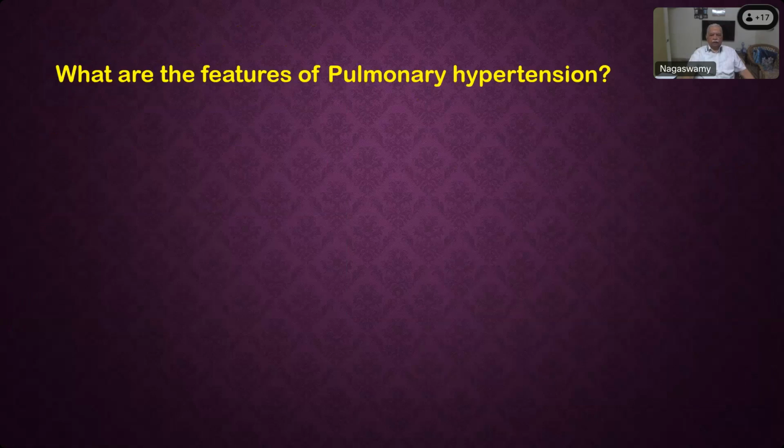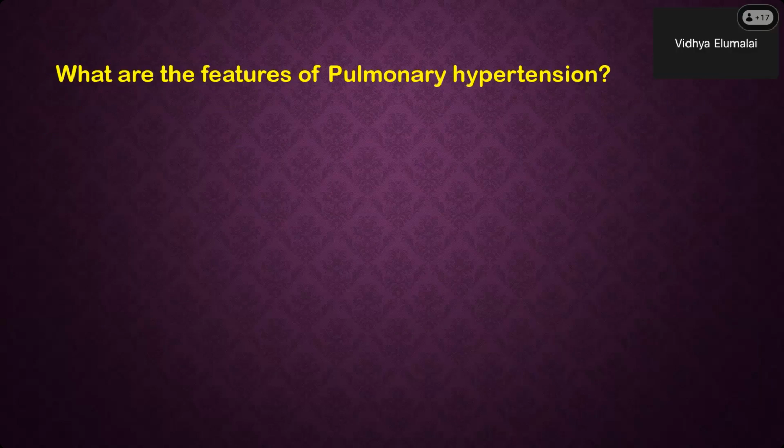What are the features of pulmonary hypertension? Clinically, can you find out from the patient's history whether a COPD patient has already developed features of pulmonary hypertension or not? The patient will have tachycardia, palpitation.